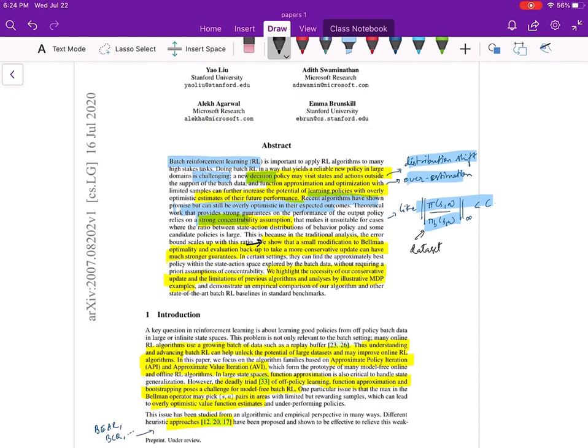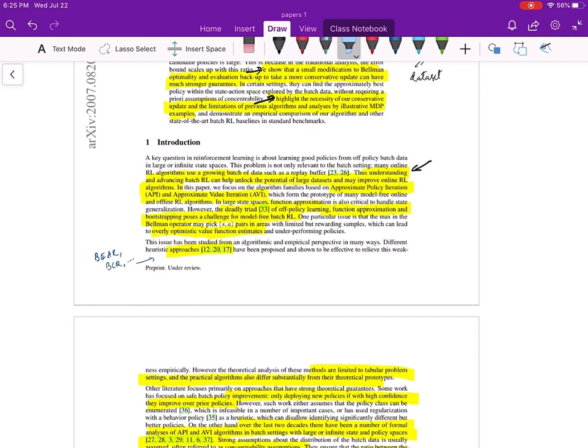They say, we highlight the necessity of our conservative update and limitations of previous algorithms and analysis by illustrative MDP examples. So they provide two MDPs which show limitations of BCQ, BEAR, and such algorithms.